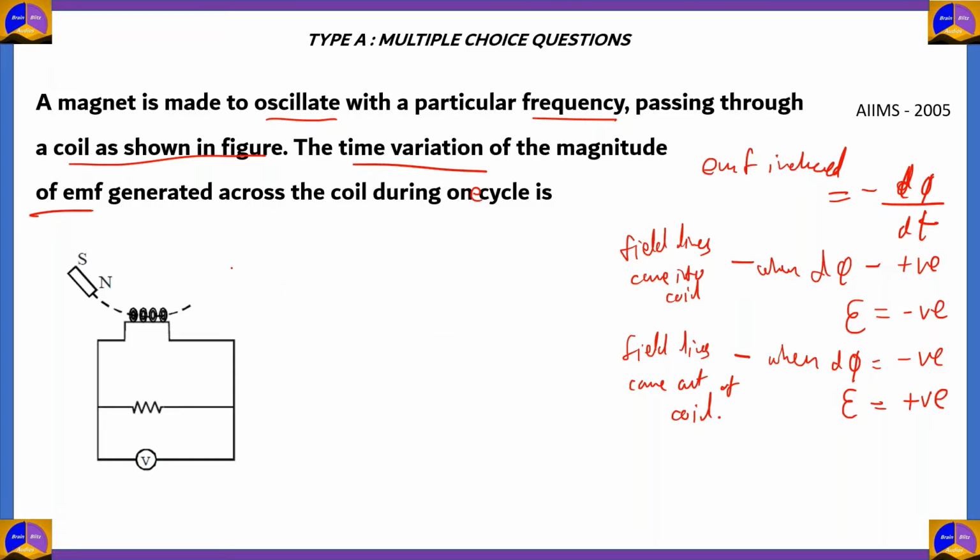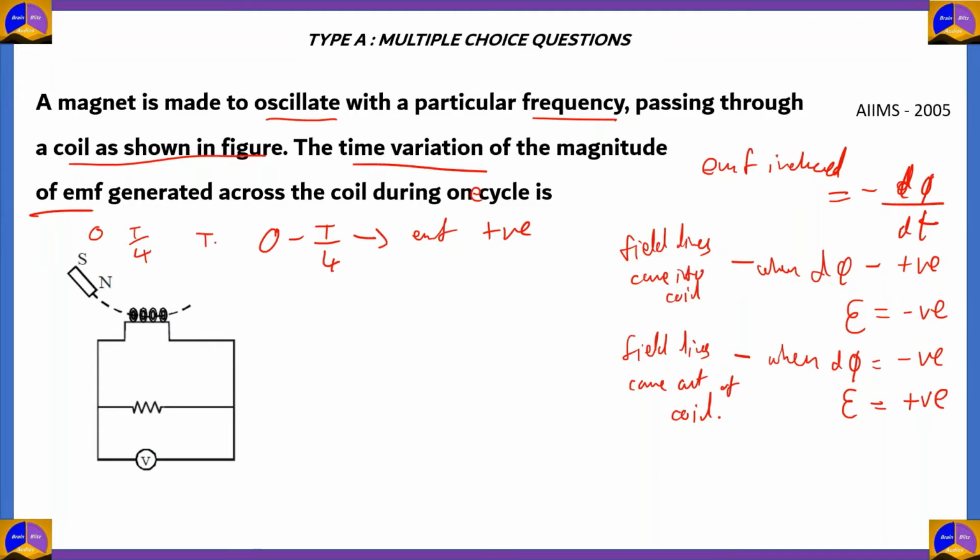So in this cycle, from 0 to T by 4, the magnet tries to move into the coil. So therefore, at these times, the EMF is positive.